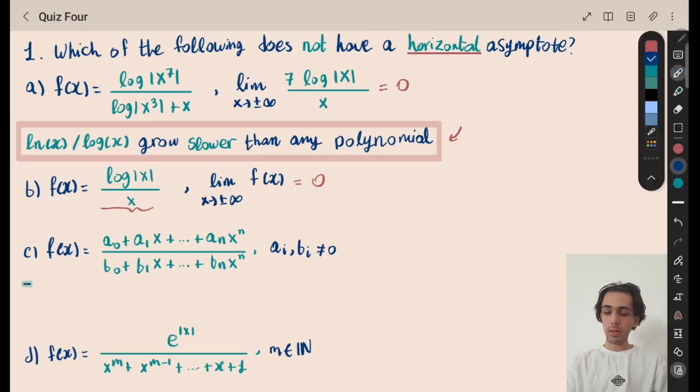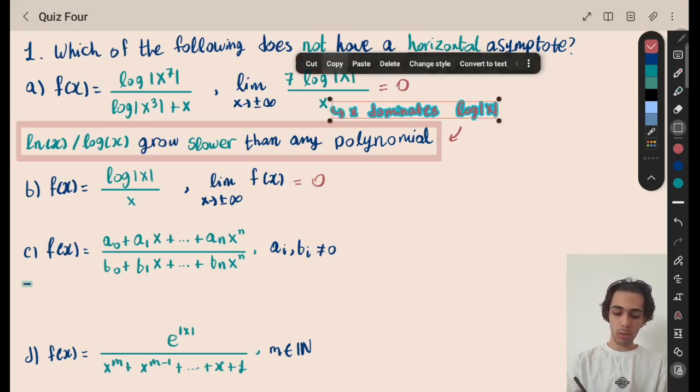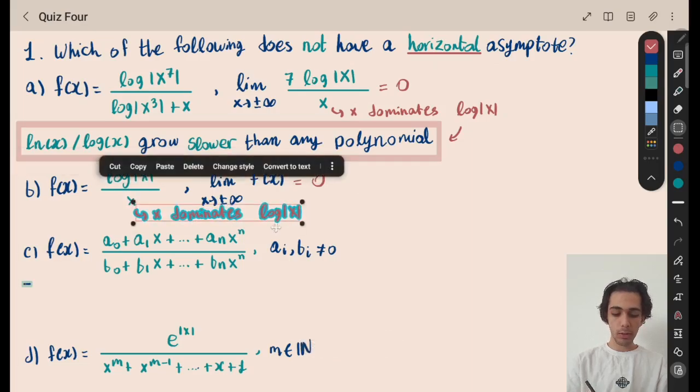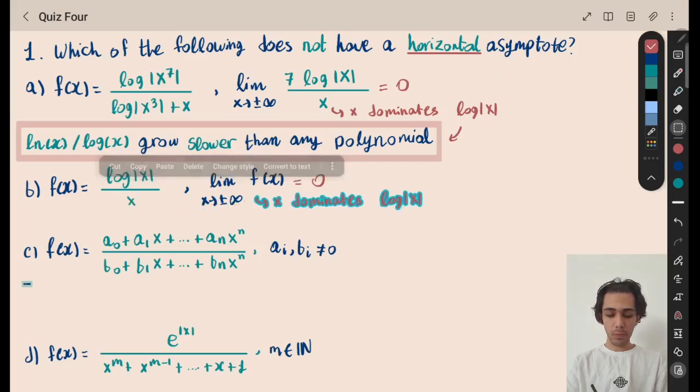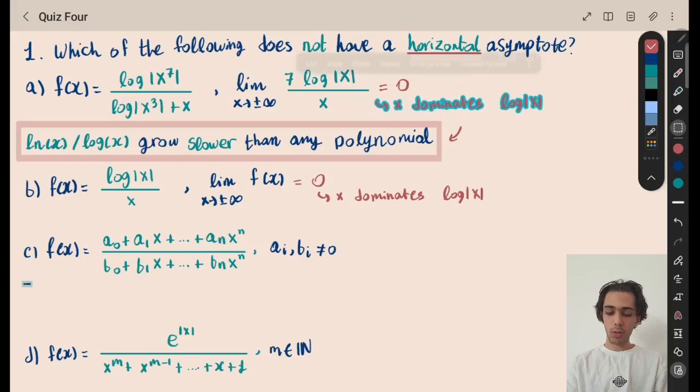That is because x dominates. Maybe I will also write this here. Well, actually, I didn't write it, but you know what I mean, of course.